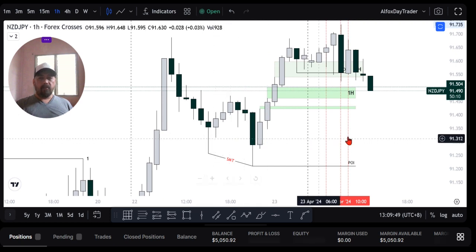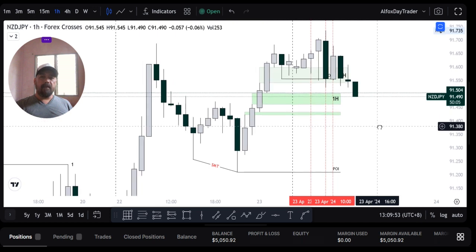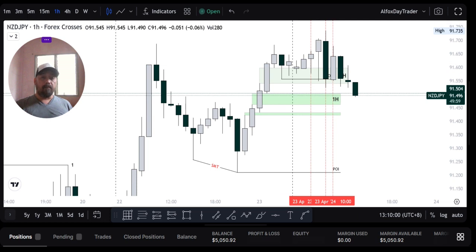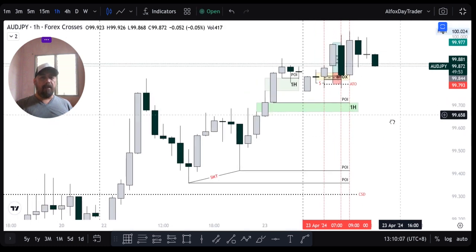Because of this, we can see that for bullish, Australian dollar would be the stronger pair compared to the New Zealand. So I chose Australian dollar for my trade today.